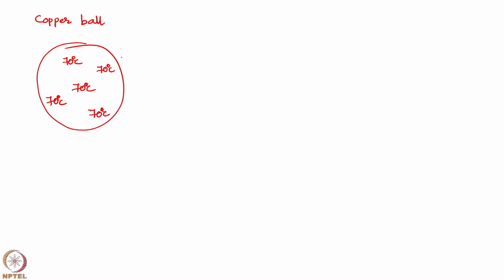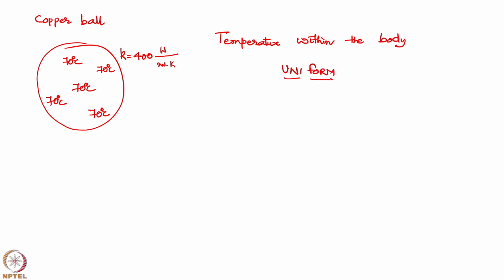The thermal conductivity of copper is roughly around 400 watt per meter Kelvin. So you can see that the temperature within the body is uniform. It does not vary, it is the same everywhere.